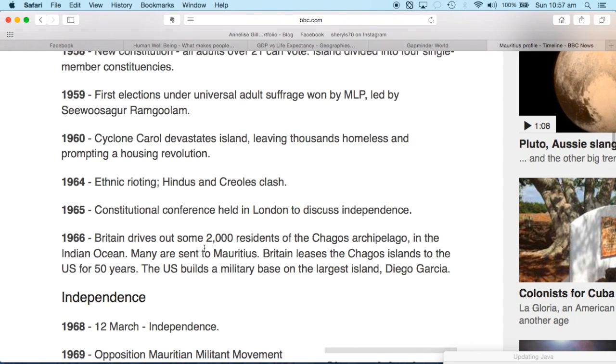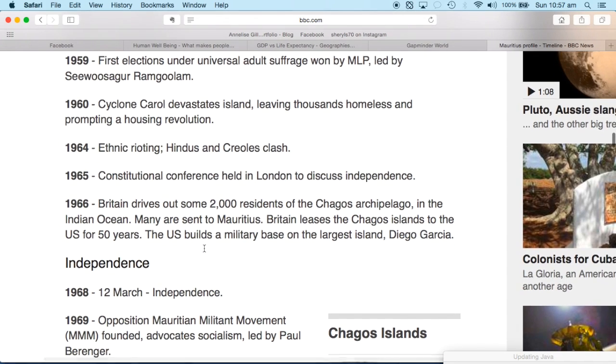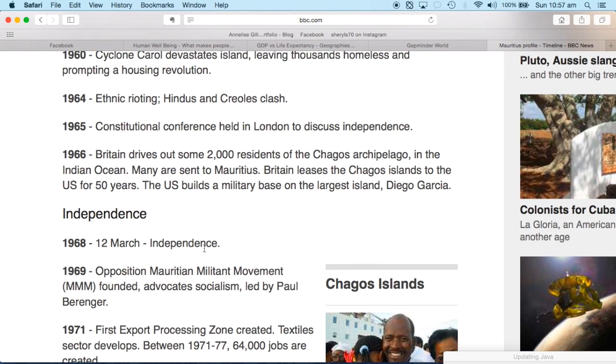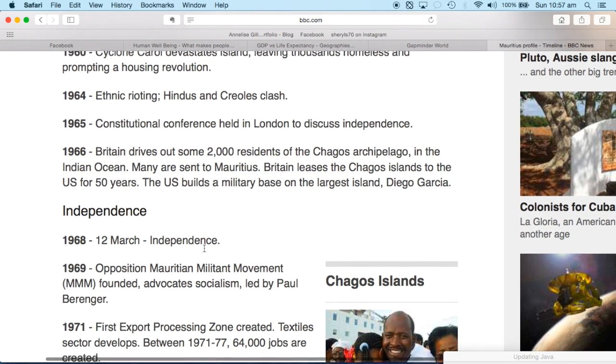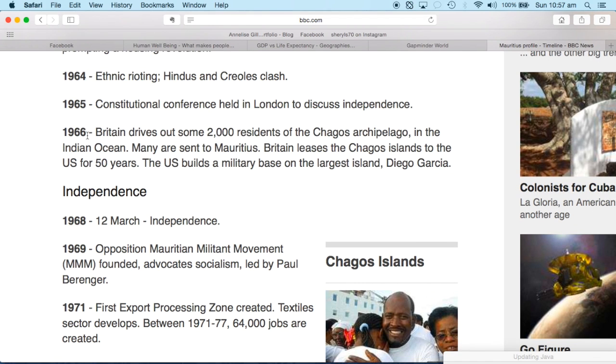We have some rioting in 64. And 1966, it looks like we have some refugees being sent to Mauritius.